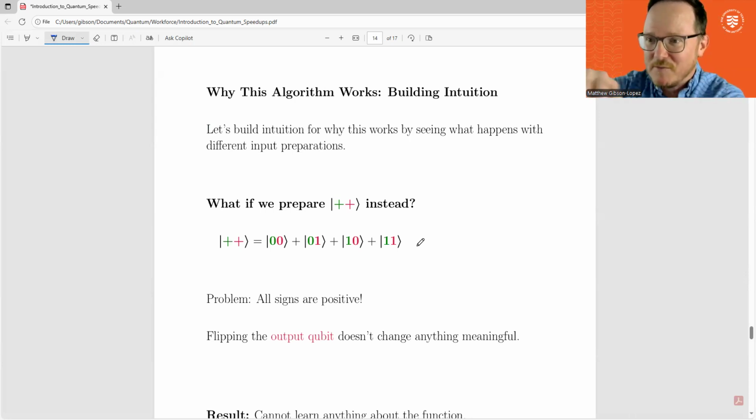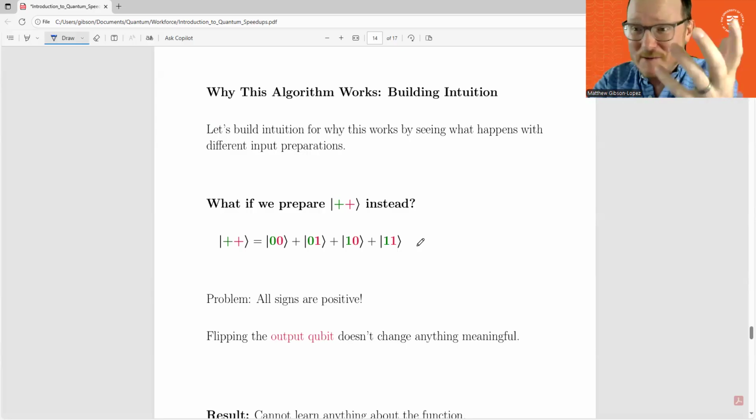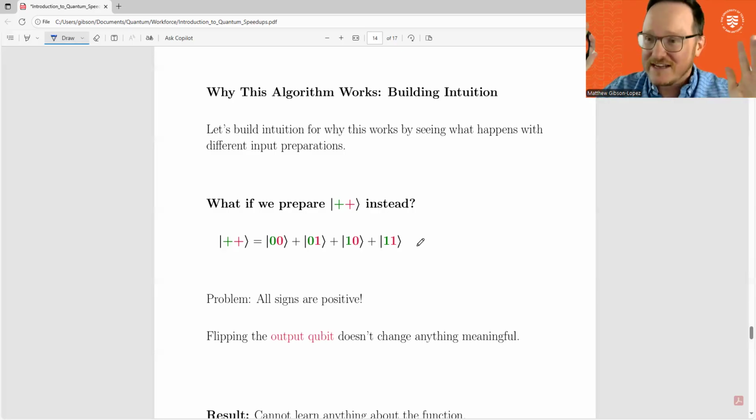So if I swap them, what did you just swap? You just swapped two plus ones. You can't tell the difference, right? Did you swap them or not? You don't know. Either way, they're plus one, plus one. So hopefully it's clear that this definitely does not work. You're not going to be able to get any sort of difference here.